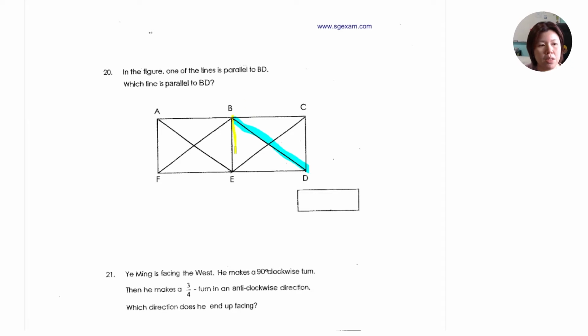If I put BE, unable to because it meets. If I put BC, unable to because it meets. If you look carefully, my AE doesn't meet my BD. So my answer will be AE.